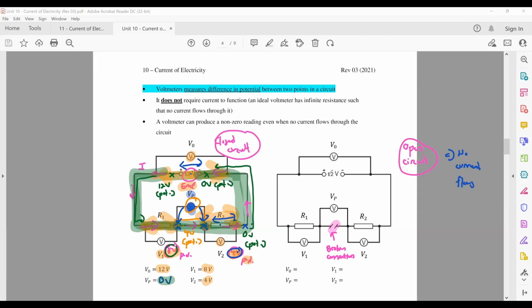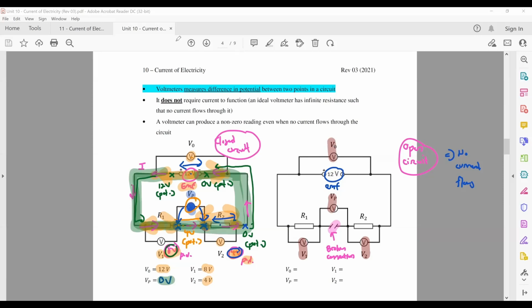So here, I know that I have an EMF of 12 volts. No current flows through here. Now, no current is flowing. What would be the readings for my voltmeters? Voltmeter V1, voltmeter V2, and voltmeter VP. And also voltmeter V0.